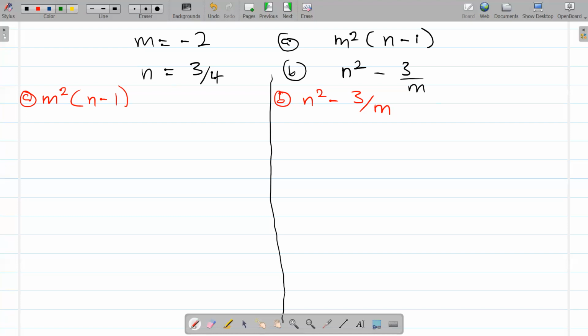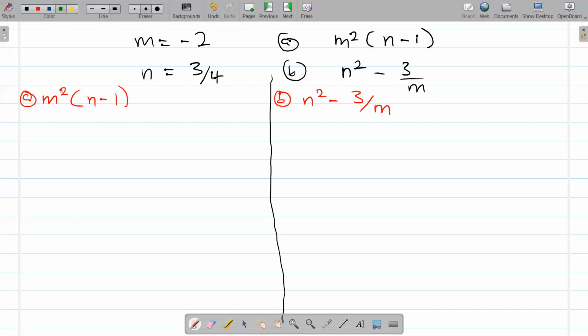It's going to be minus 2 times, M is equal to minus 2 times 3 over 4. No, that's not it.